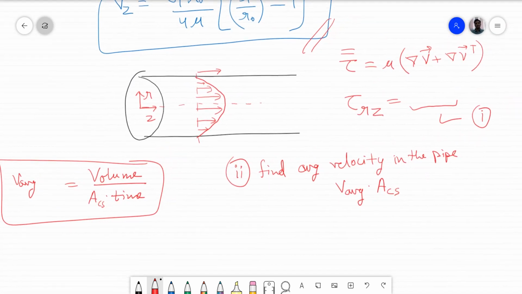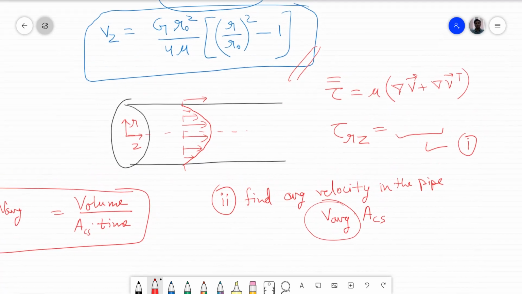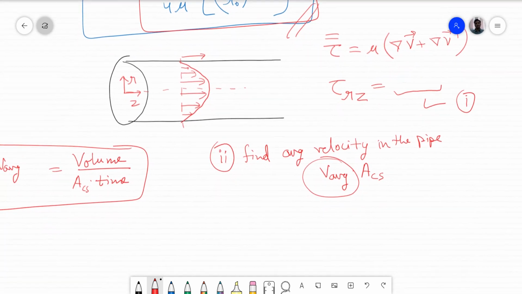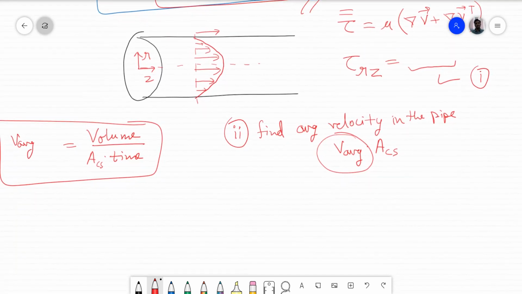So you have to tell me what is the average velocity in terms of these parameters here, g, mu, r naught. Also get me this relationship in terms of g, r naught, mu, and also the V average for the flat plate case.